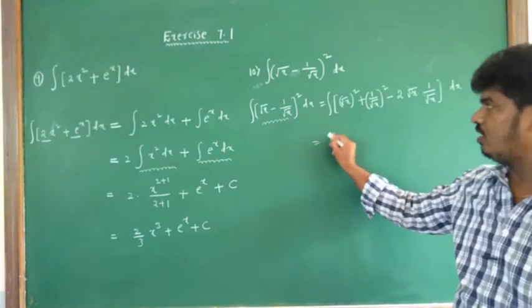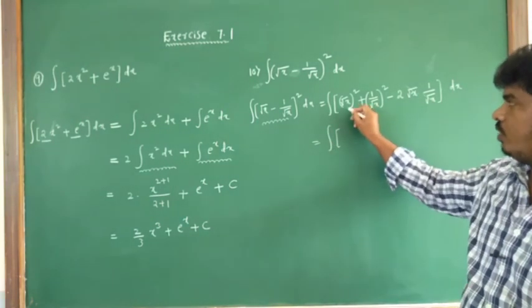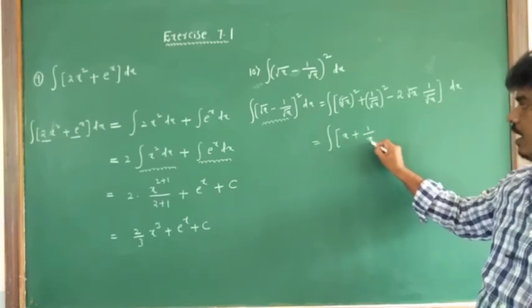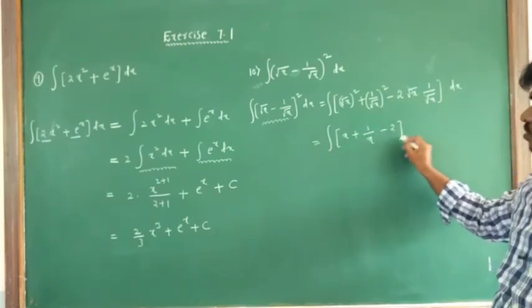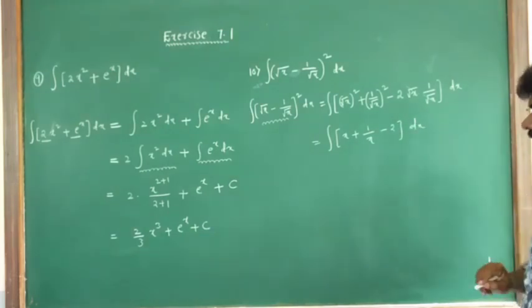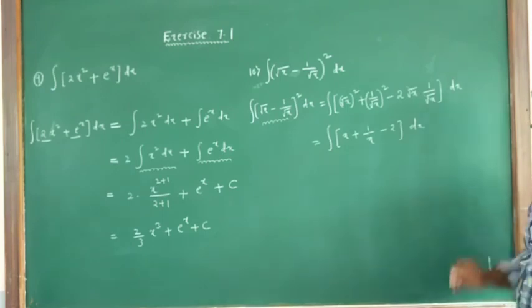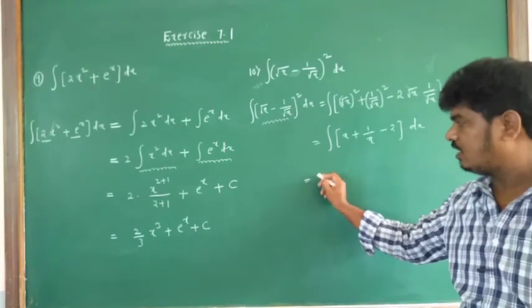Now this is equal to the integral of (root x) whole square, that is x, plus 1 by x minus 2 dx. Here, if you want, we can take the integral separately, otherwise you can write the answer directly. I am going to take the integral separately.